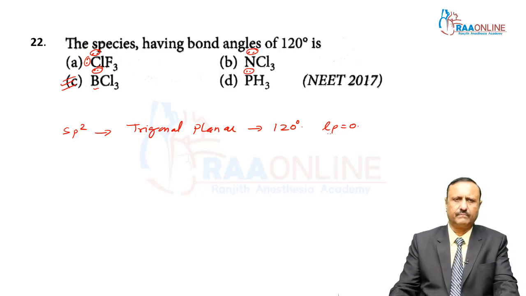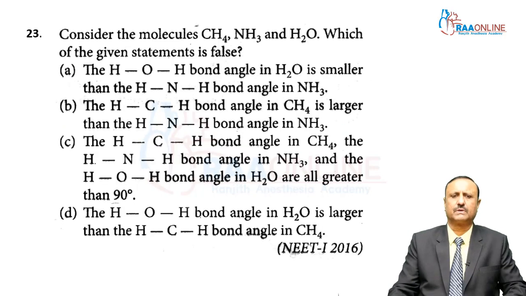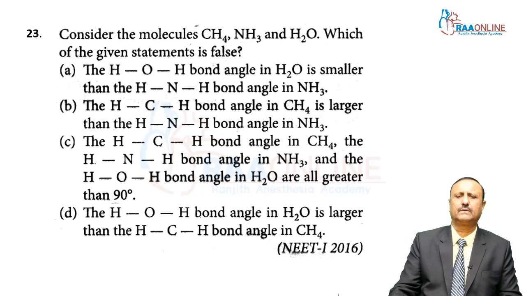Now, my dear students, when we go to question number 23, here we can see CH4, ammonia and water. Which of the given statements is false? The HOH bond angle in water is larger than the CH4 bond angle in methane.